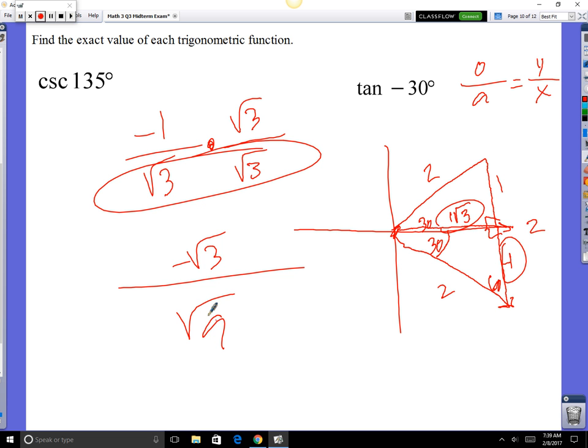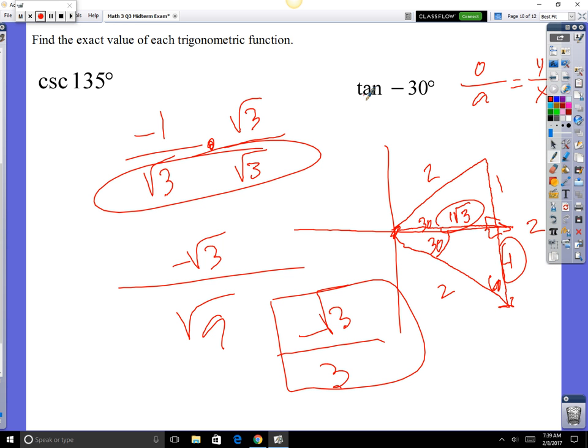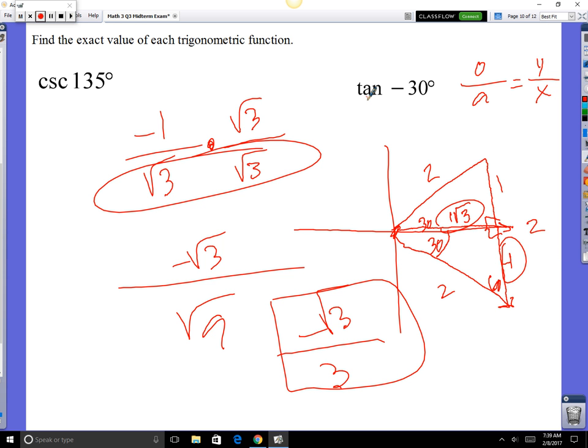Square root 9 is just 3, so it's negative square root 3 over 3. So before you even go, punch in tangent of a negative 30, and that will give you negative 0.57735, blah blah blah. Now type this in, hit enter, make sure your decimals match up. If your decimals match up, then you know you did it right.